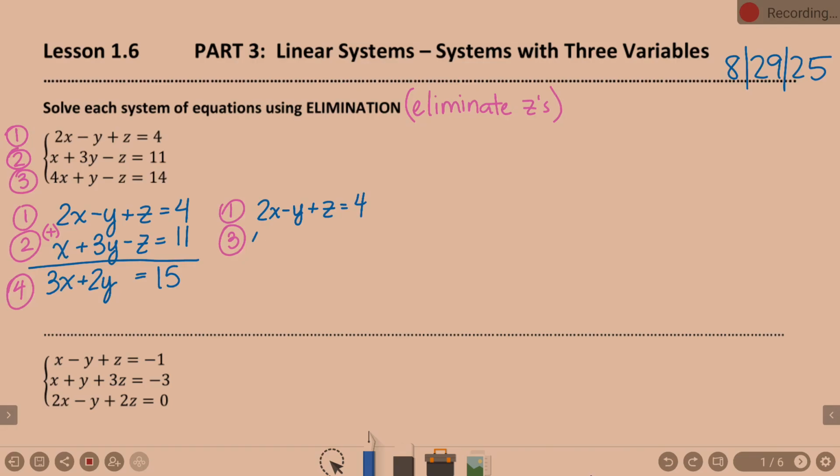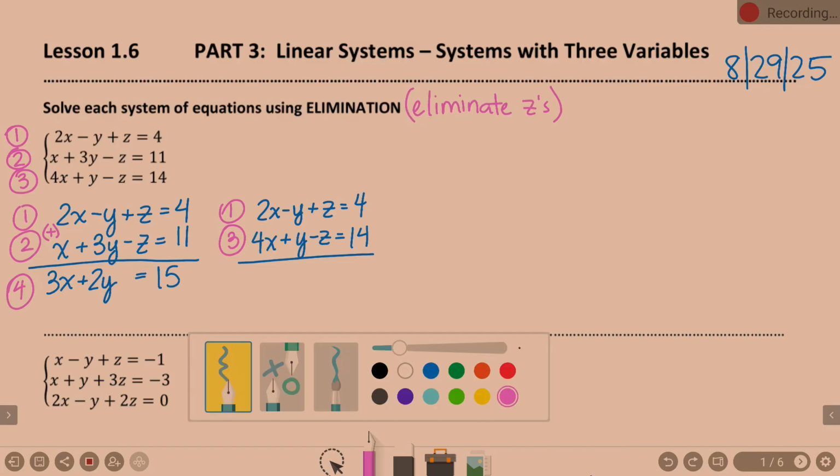Equation 3, 4x plus y minus z equals 14. And again, I'm trying to eliminate my z's. My z's are opposite signs, so we are set to add.